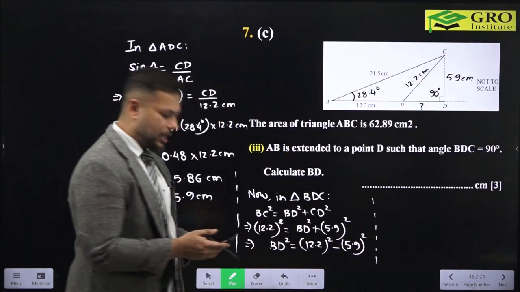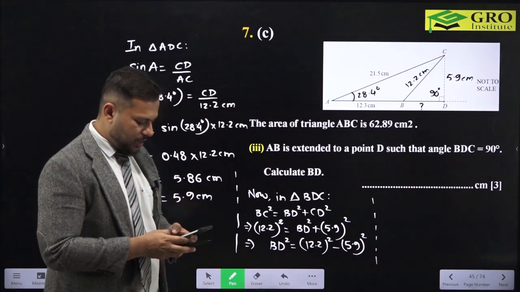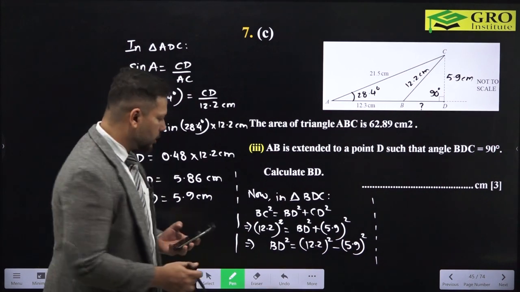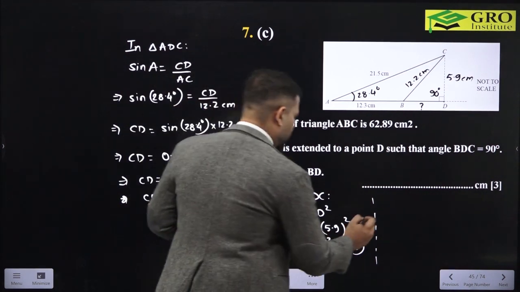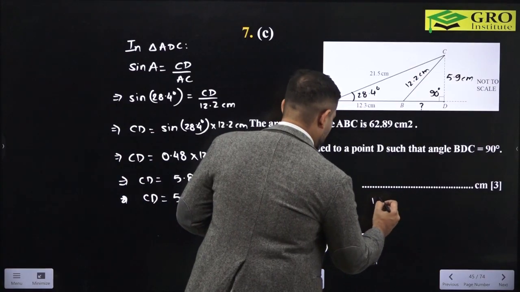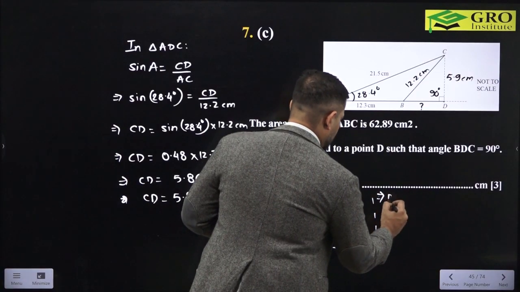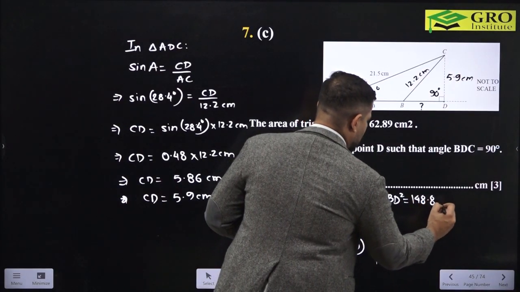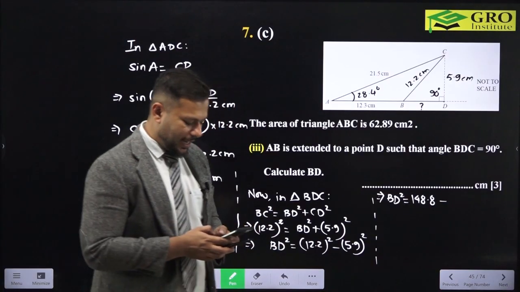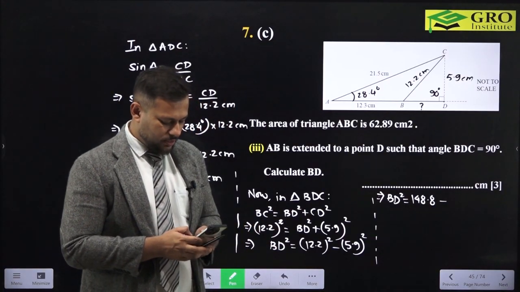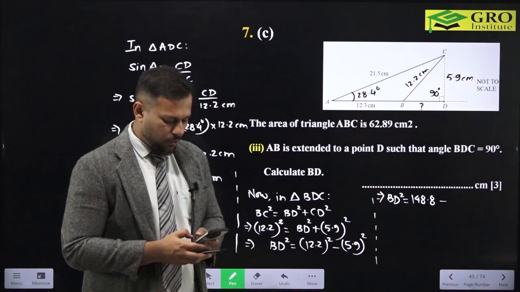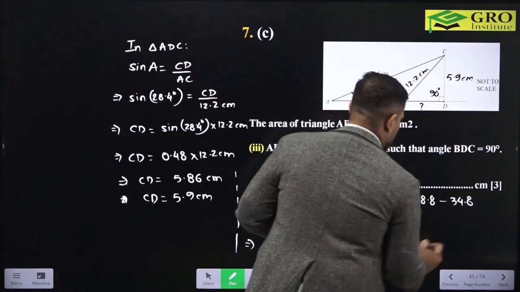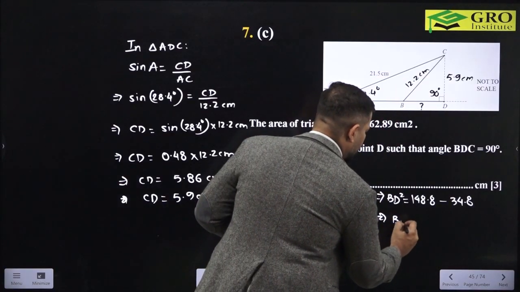Okay, let us quickly use our calculator to get the values. So here we have 12.2 square, that is equal to 148.84 or 148.8 we will take. BD square is equal to 148.8 minus 5.9 square, guys. 5.9 square would be 34.8. So what is going to be the difference?